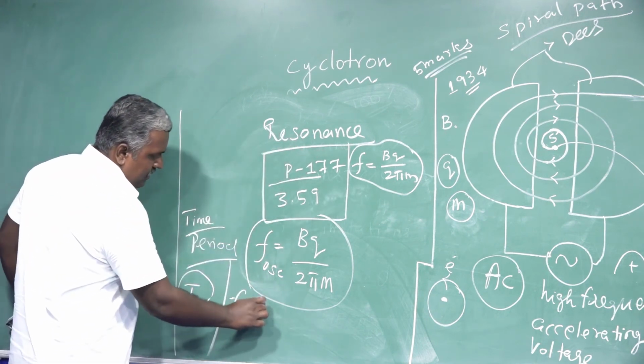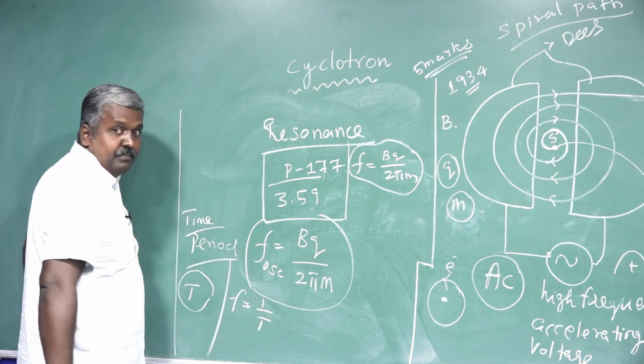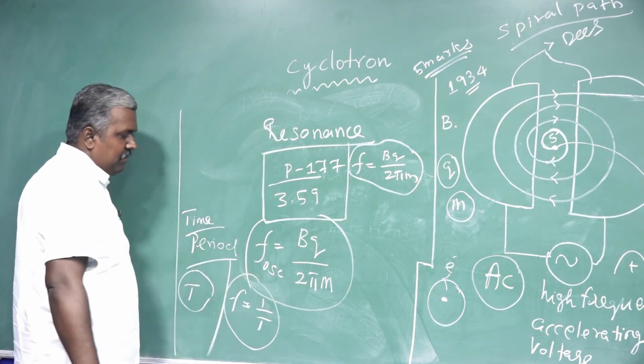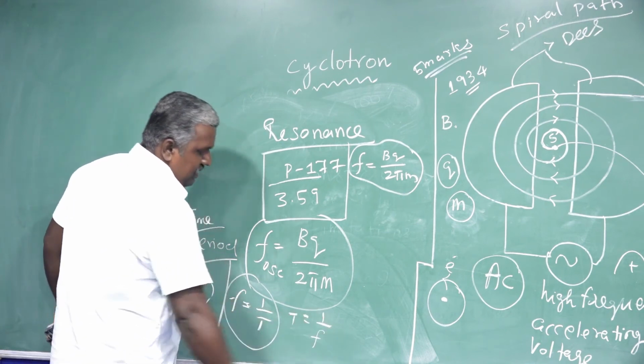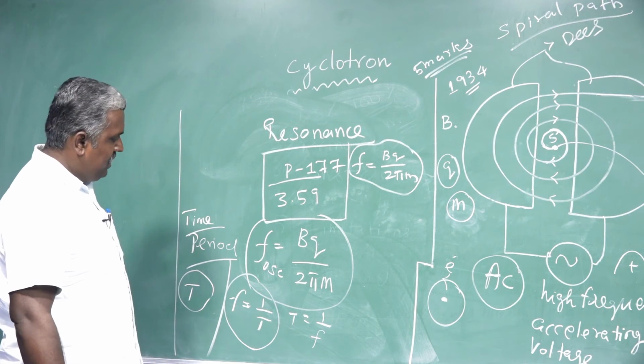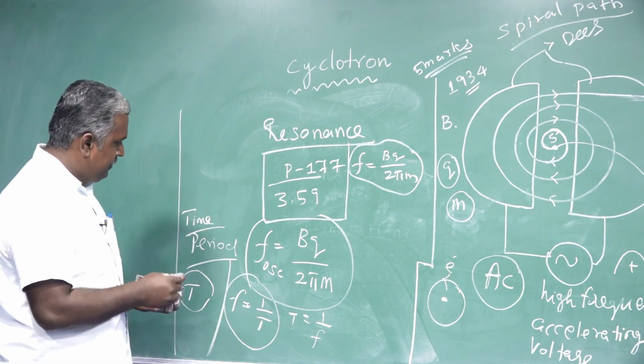Because f is equal to 1 by T, this is the general form of frequency. T is equal to 1 by f.